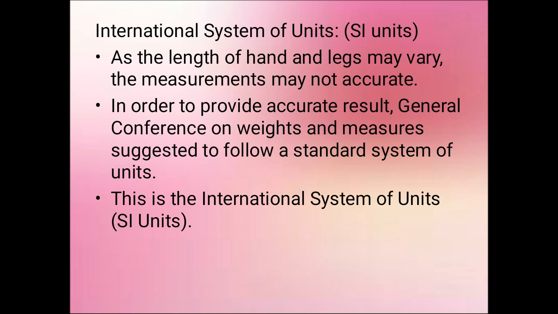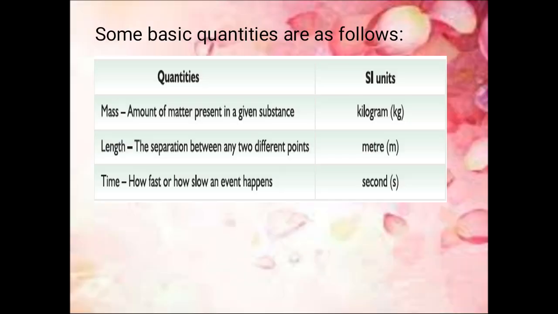Standard measures include a fixed number of quantities to measure. This was suggested in 1960 at a conference held on weights and measurements, right? So people all over the world use these as standard measurements. There are 7 fundamental standard measurements available in SI units, right?